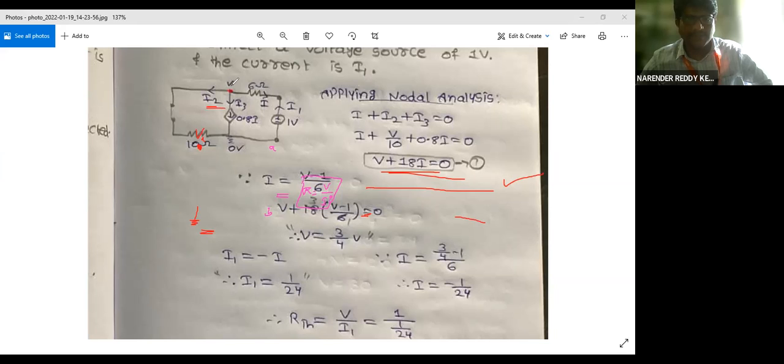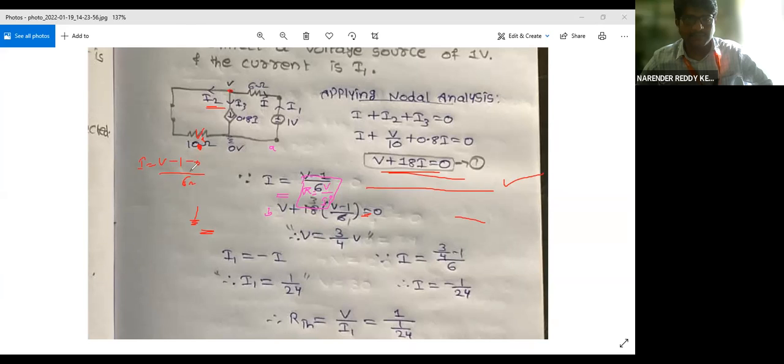V minus 1 by 6 ohms, right? Can I write this equation? Yes or no? Are you there? Okay.